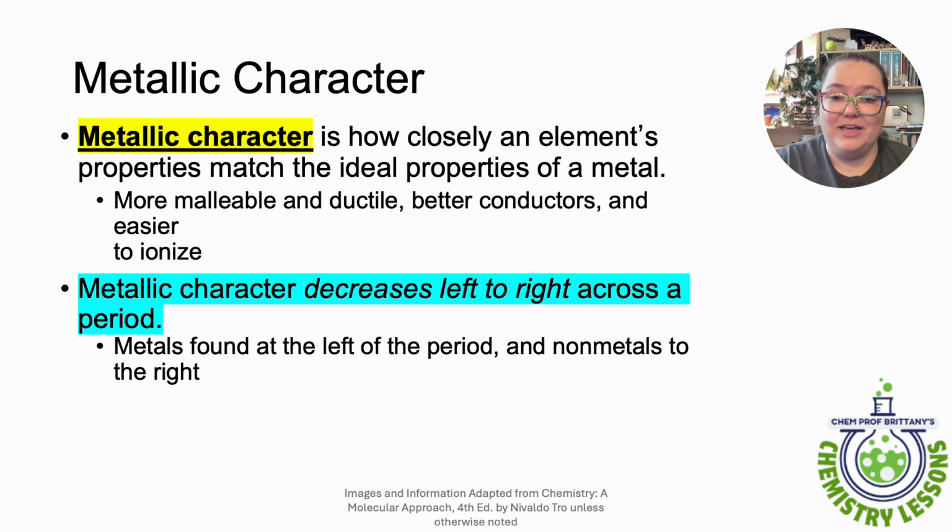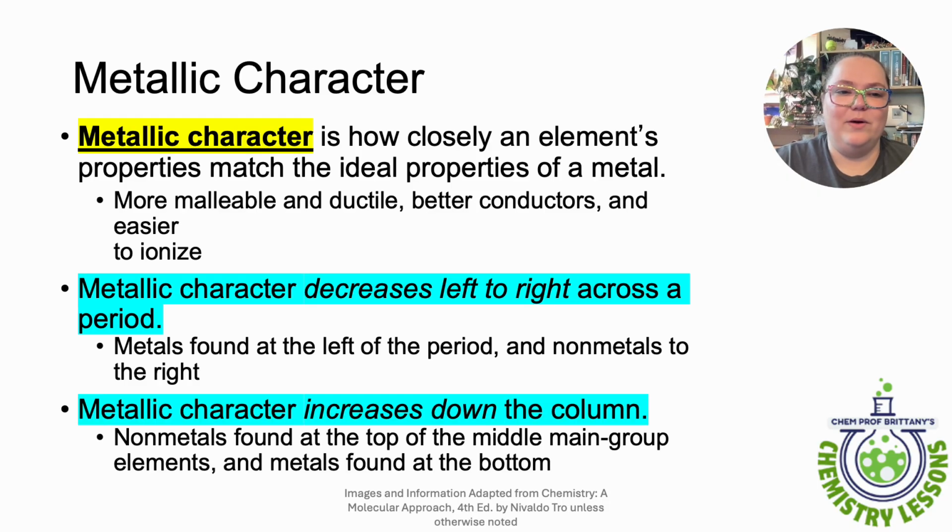Hopefully that makes sense, because on the left side of the periodic table are your metals, and on the right side are your nonmetals, right? And likewise, our metallic character increases as we go down the column. As I go from top to bottom, we're becoming more and more metallic.